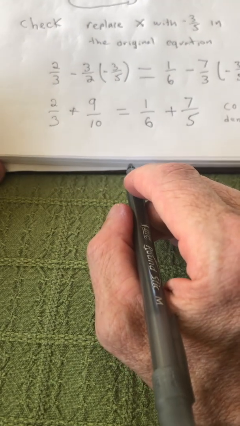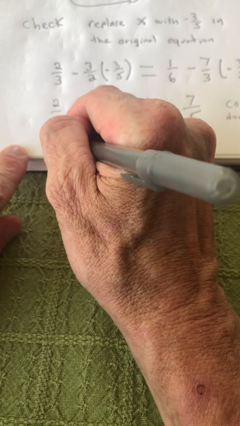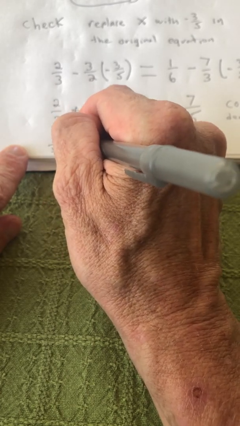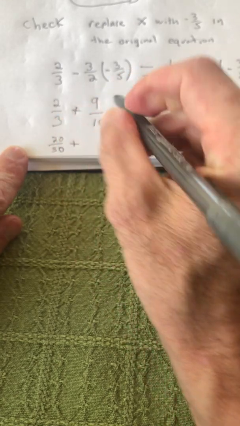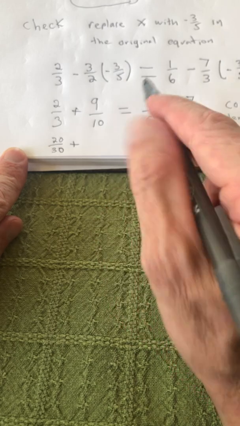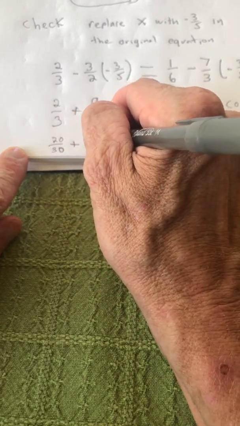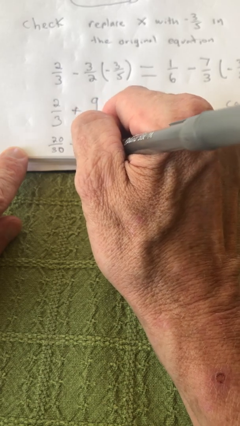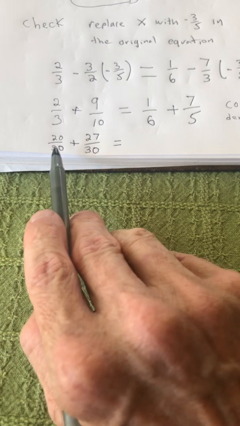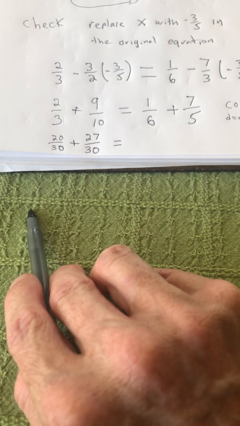So 2/3 I could write as 20/30ths, and 9/10ths I can write as 27/30ths. So the left-hand side you can see is going to end up being 47/30ths.